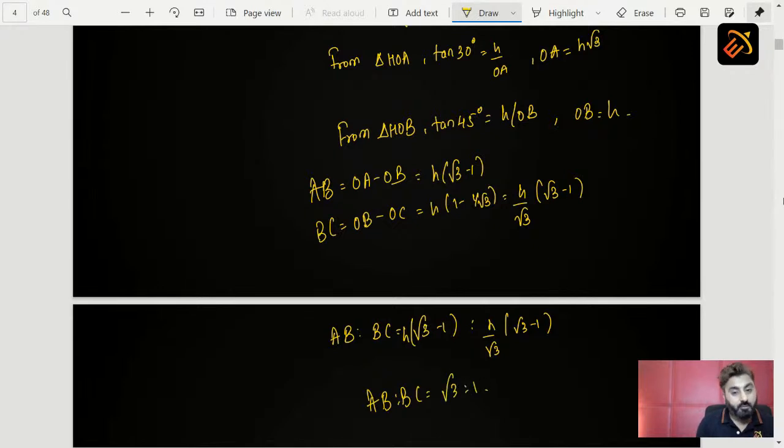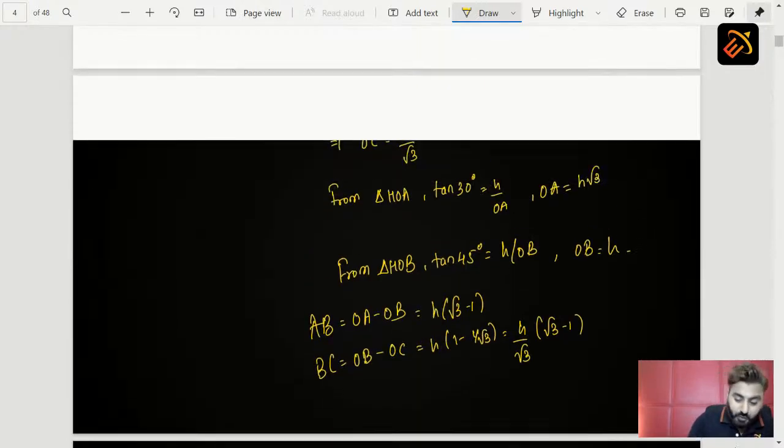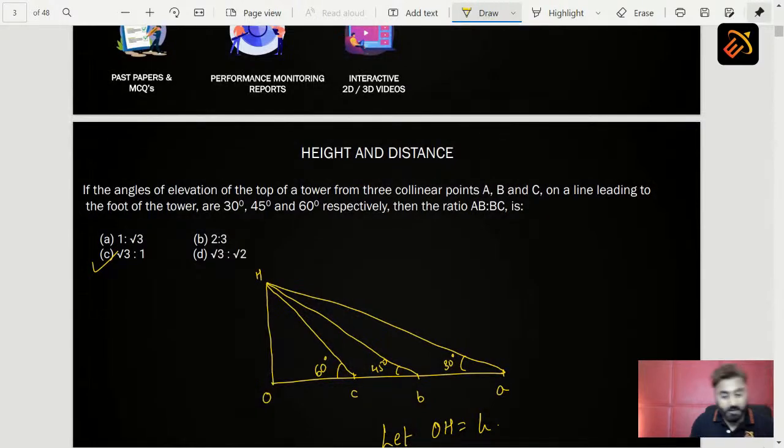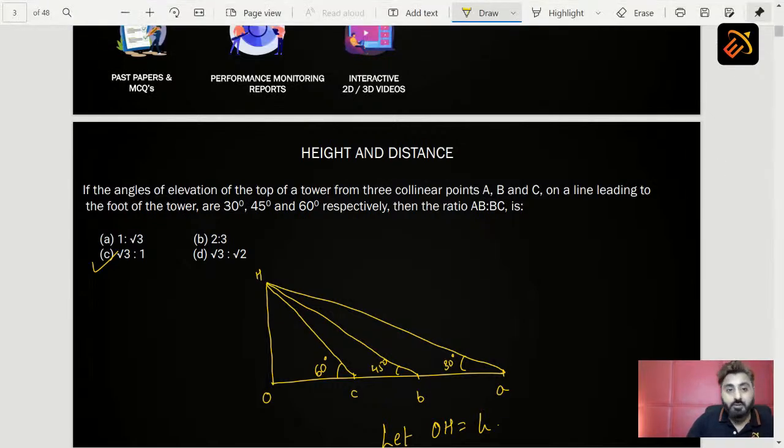Root 3 is to 1. So from this, if it is root 3 is to 1, students, what can we say? It is matching our option C, and the ratio of AB is to BC is none other than option C, which is root 3 is to 1, and this is how we solve our sum.